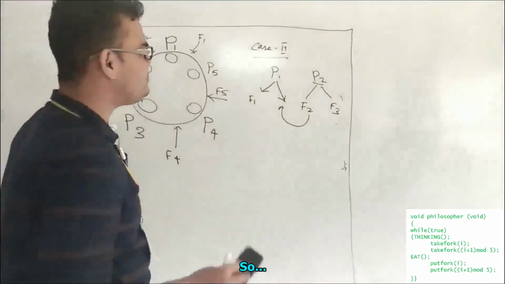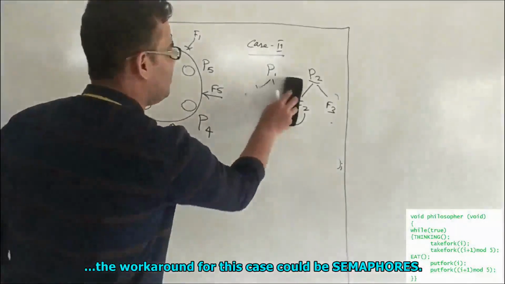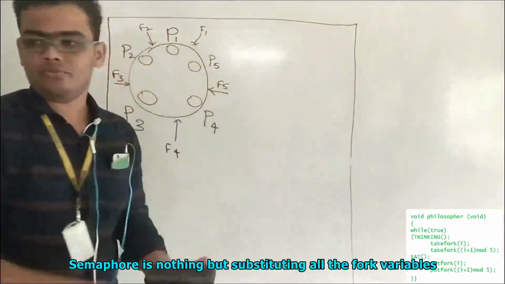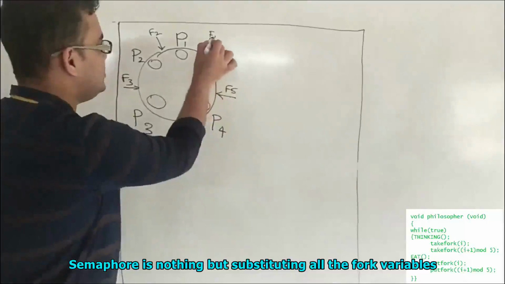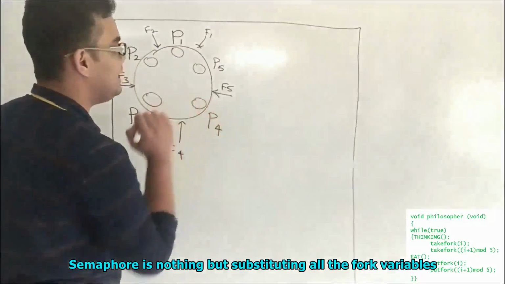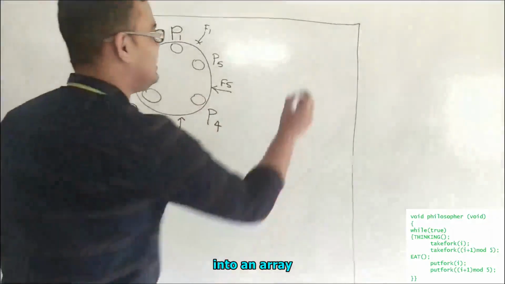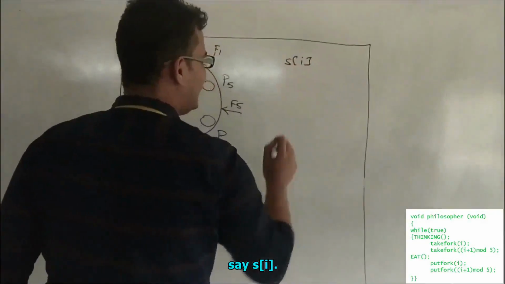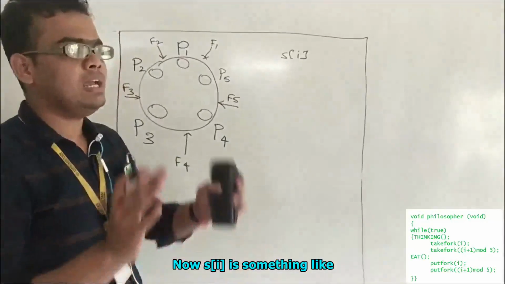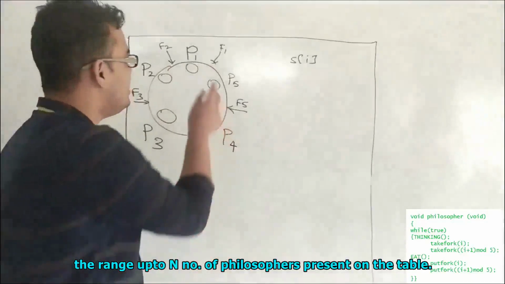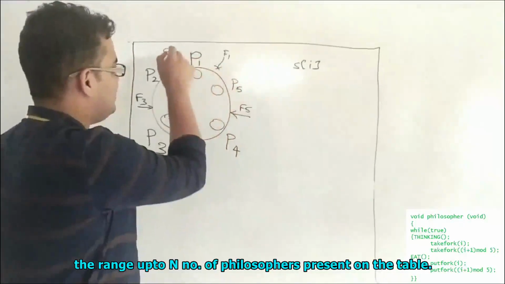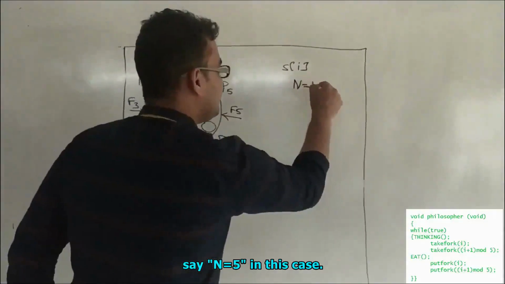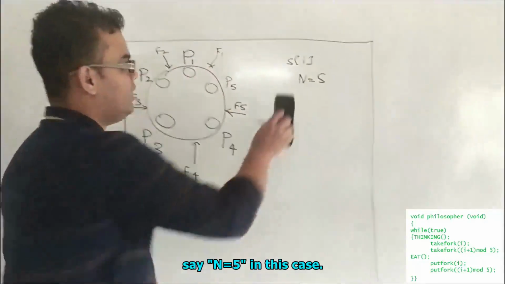So the workaround for this case could be semaphores. Semaphores is nothing but substituting all the fork variables into an array, say S of I, whose range is up to n, the number of philosophers present on the table. Say n equals 5 in this case.